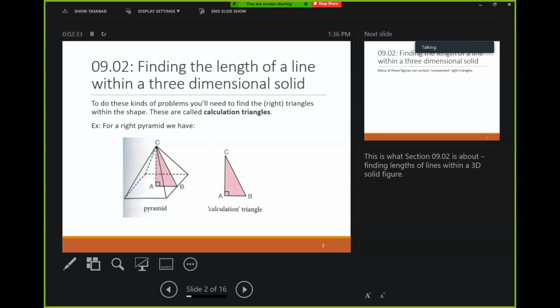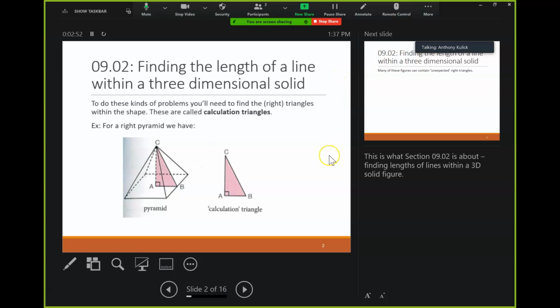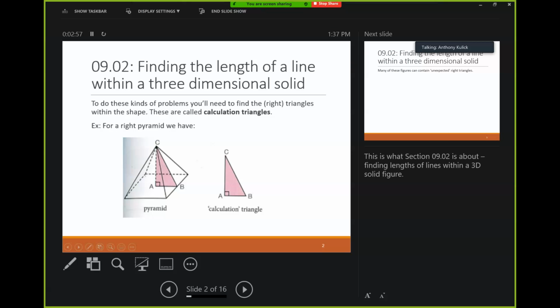If you can imagine that in your mind's eye, that helps a little bit, to see that three-dimensionally and see where those different right triangles are, because oftentimes they don't all look like right triangles. You know what I mean? You have to look at it with a little bit of perspective and some three-dimensional imagination, but that's what's going on. Okay? So that's just an example of what we mean by a calculation triangle.